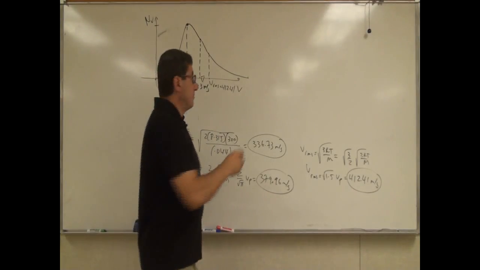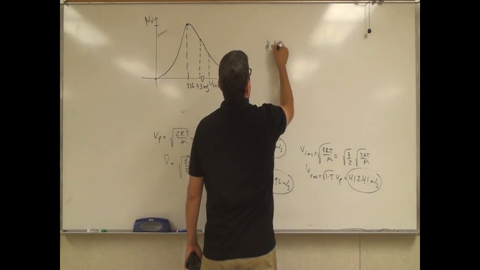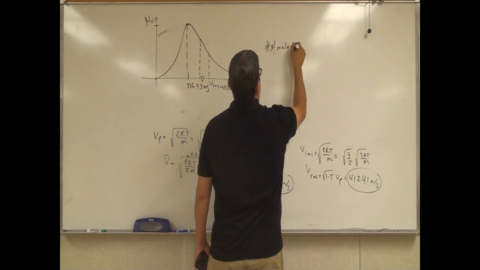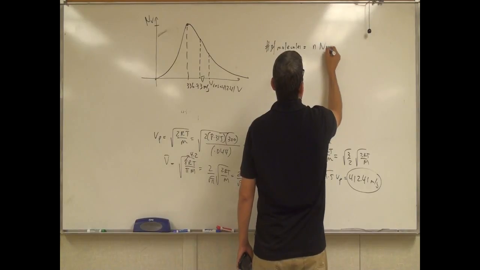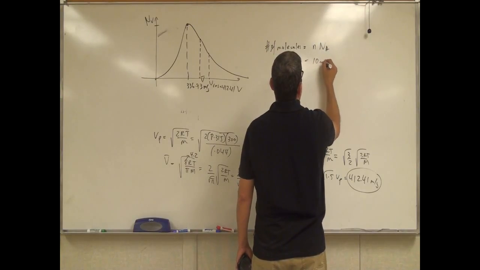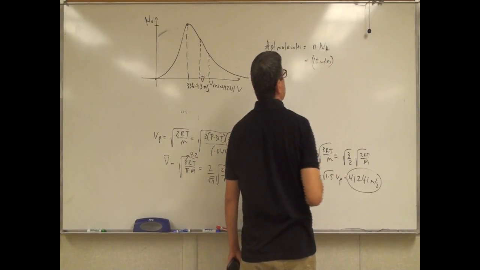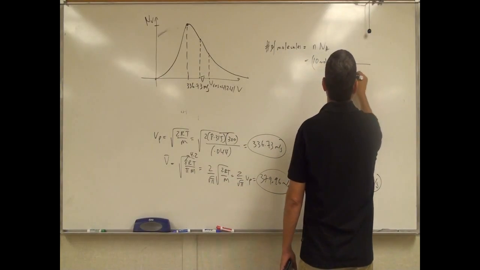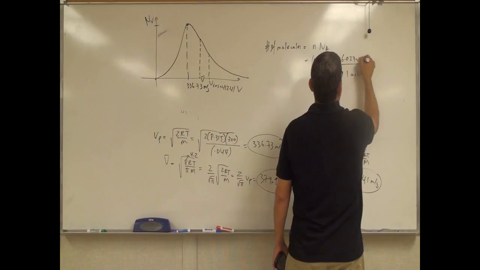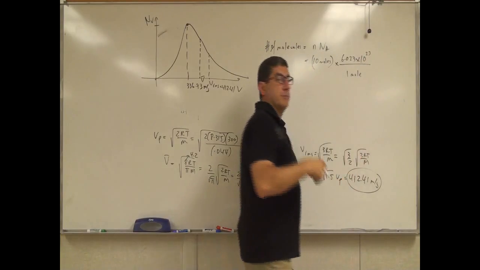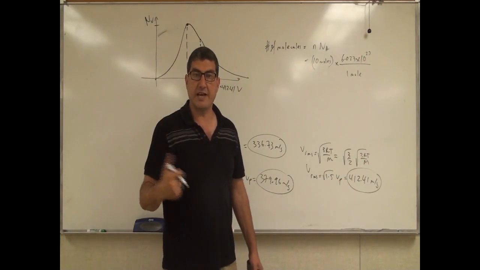Okay, to find the number of molecules, we do the number of moles times Avogadro's constant. So this is 10 moles, and Avogadro's constant says whenever you have 1 mole of anything, then you have 6.023 times 10 to the 23rd particles or molecules of that substance.